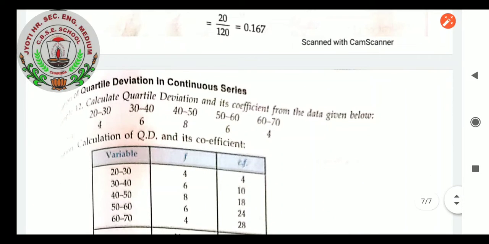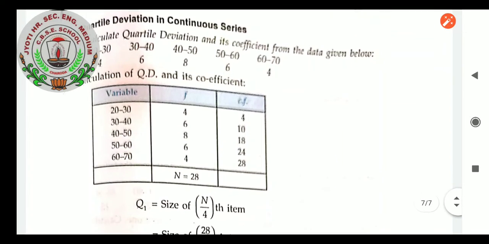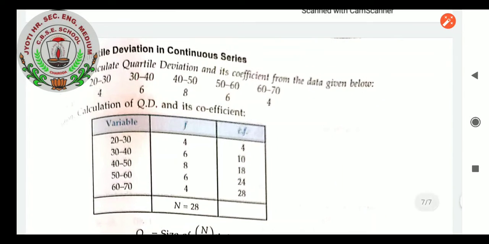Next comes calculation of quartile deviation in a continuous series. Calculate the quartile deviation and its coefficient from the data given below. Let us proceed, students. Calculation of quartile deviation and its coefficient.